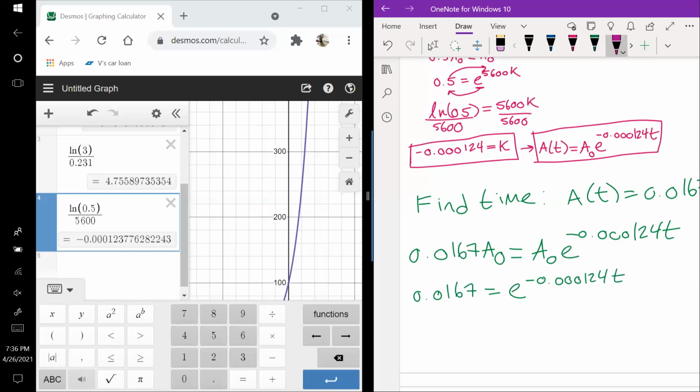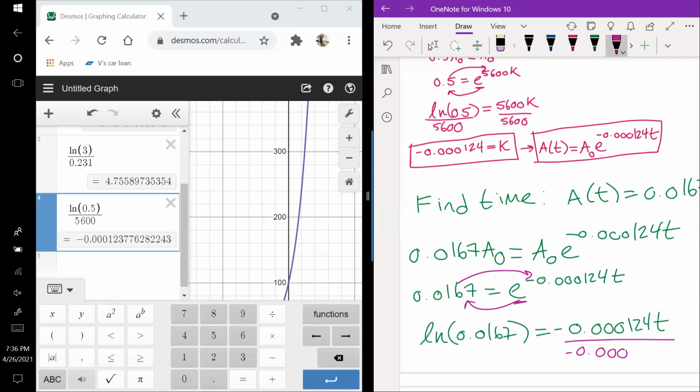Convert from exponential to log, and we'll have the natural log of 0.0167 equal to negative 0.000124t, and then divide by negative 0.000124.